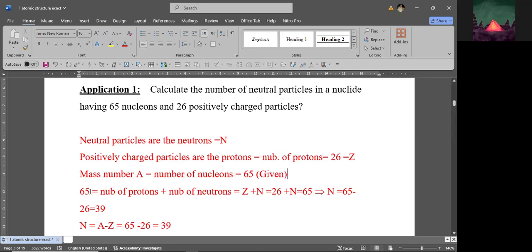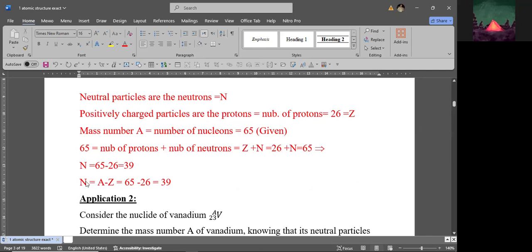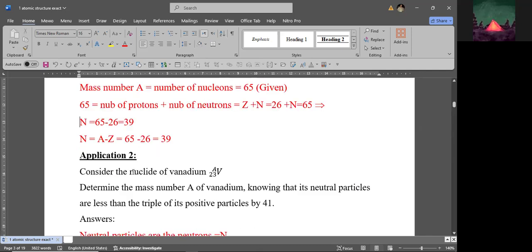By definition, the mass number is the sum of the number of protons and the number of neutrons. Z plus N: 26 plus N equals 65. Solve this equation: N equals 65 minus 26 equals 39. So the neutrons equal 39.